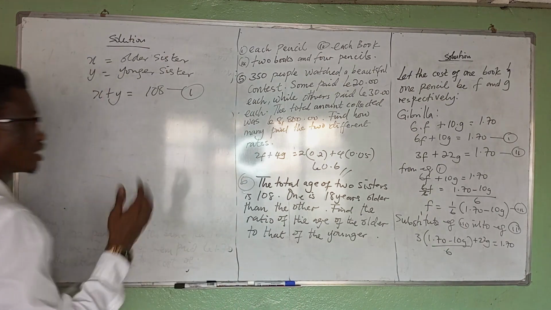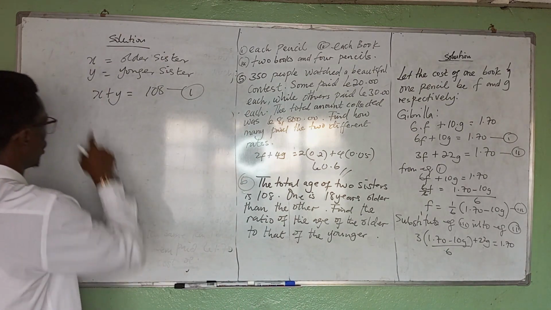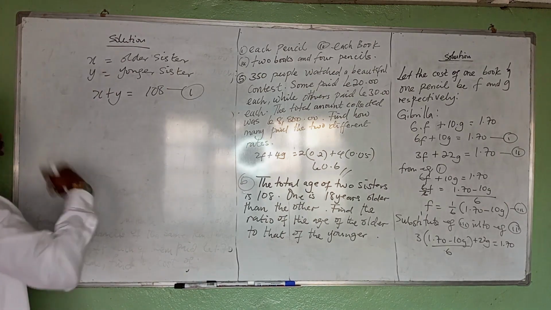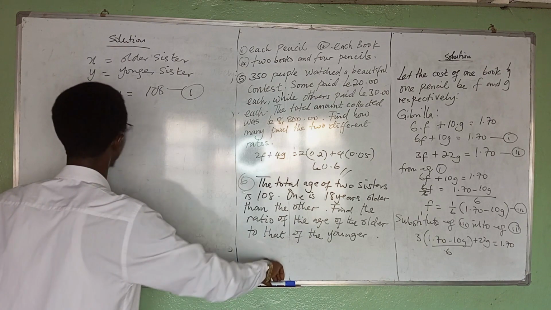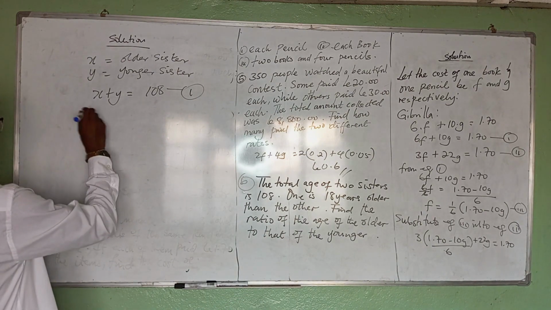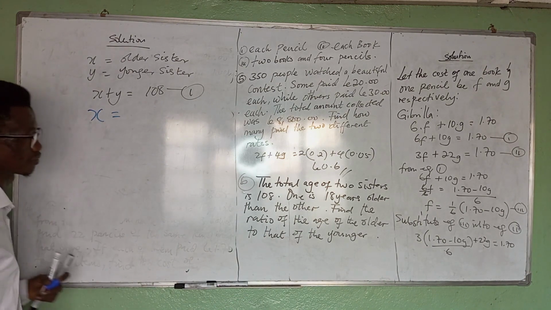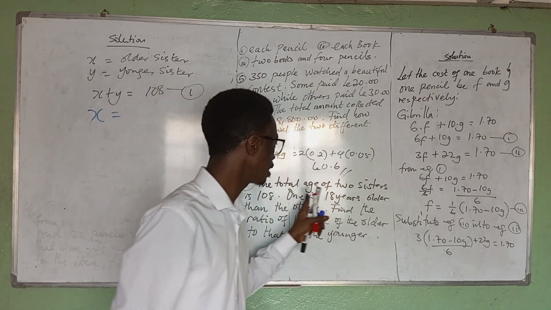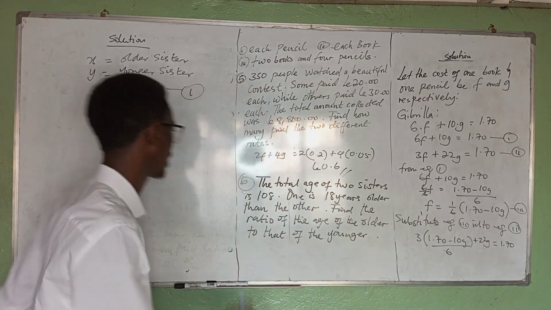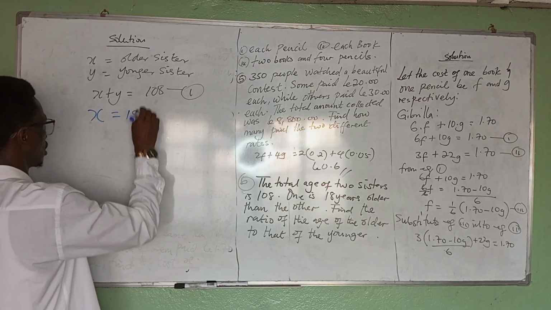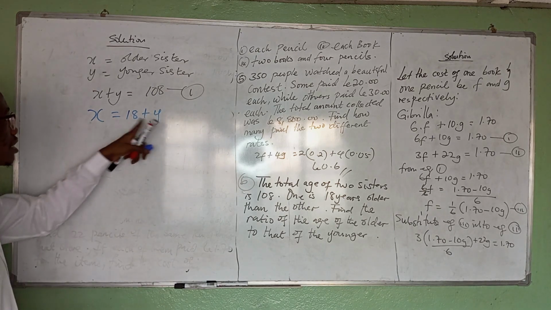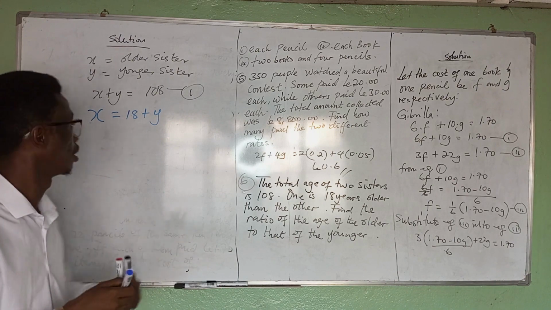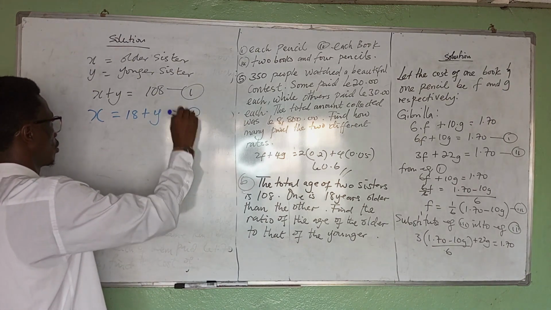If x here is the older one, then x is going to be 18 plus y. So one is 18 years older than the other. This will be your equation 2.